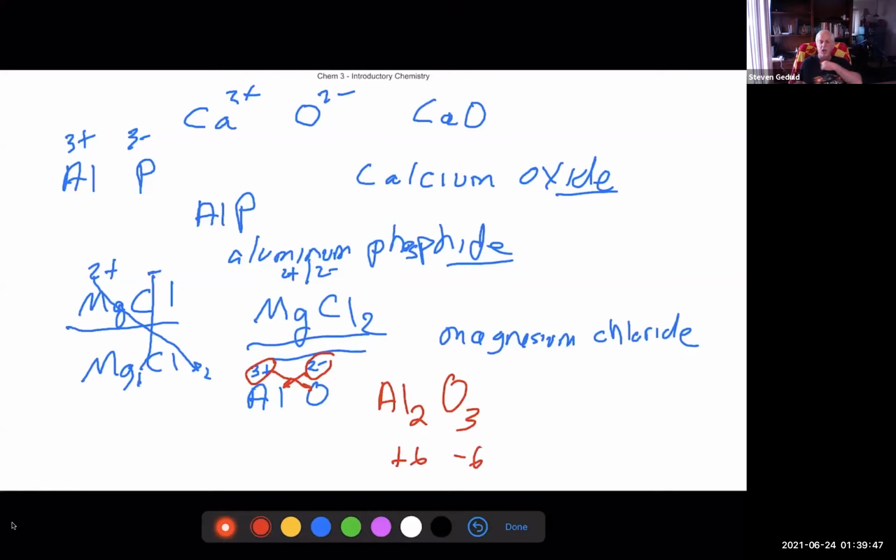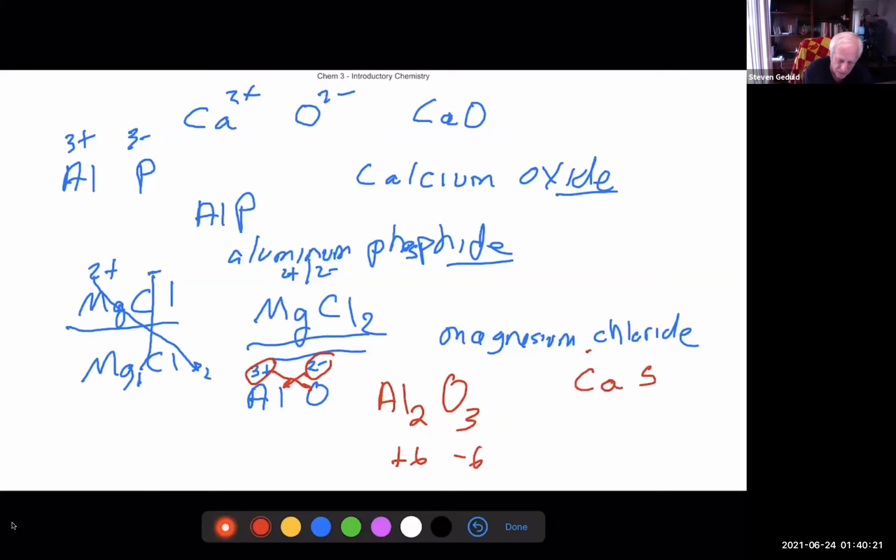Just be careful that you do the lowest numbers possible. Make sure you don't put the 1s. If we had, let's do calcium and sulfur.